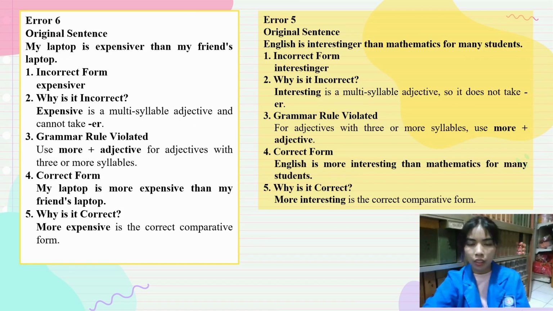And in the fifth and sixth sentences, in the fifth sentence, "interestinger" is incorrect because the adjective interesting should become more interesting. In the sixth sentence, "expensiver" is also incorrect because the correct comparative form is more expensive.